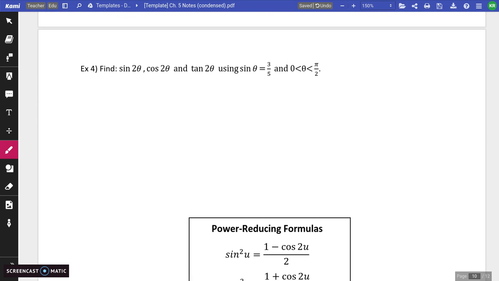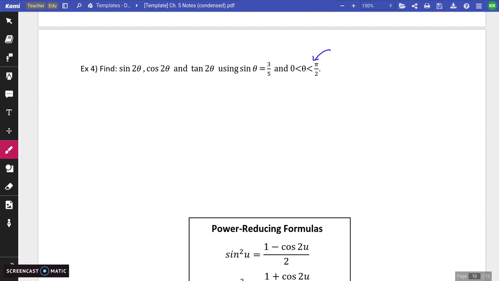Okay, so this is the last example for today using these double angle formulas. Here we're going to find sine of 2 theta, cosine of 2 theta, and tangent of 2 theta, using sine theta is 3/5, and theta is between 0 and pi over 2.